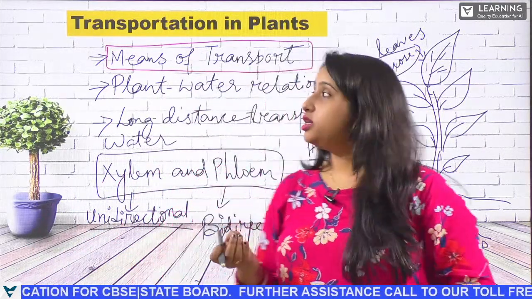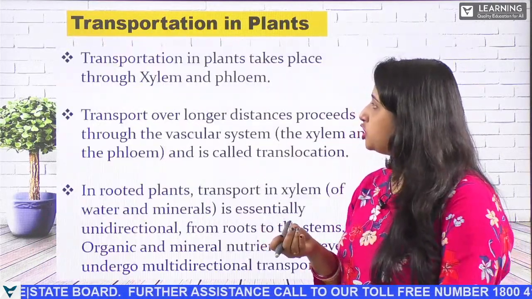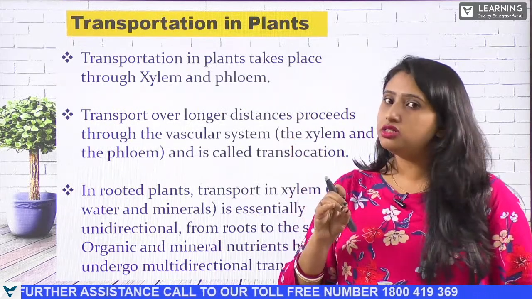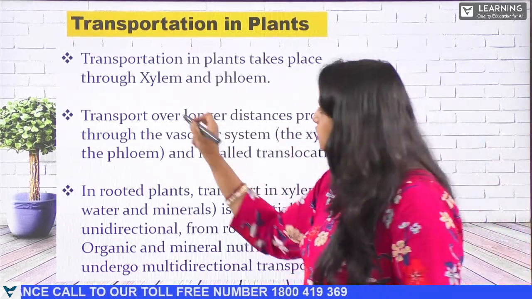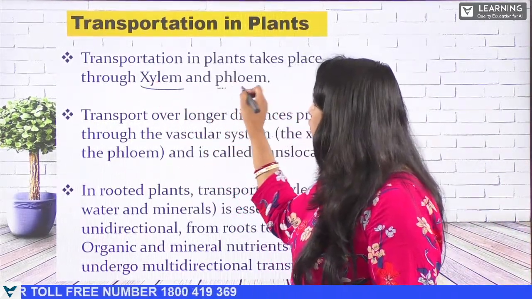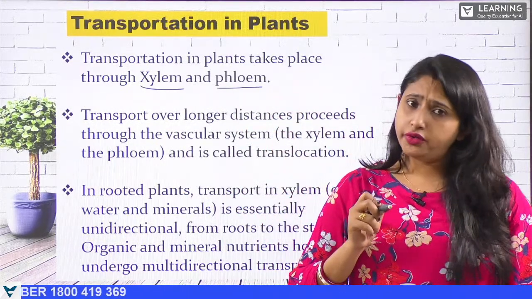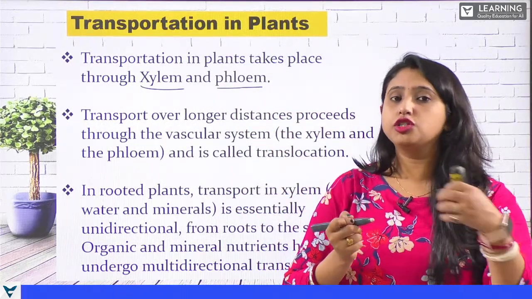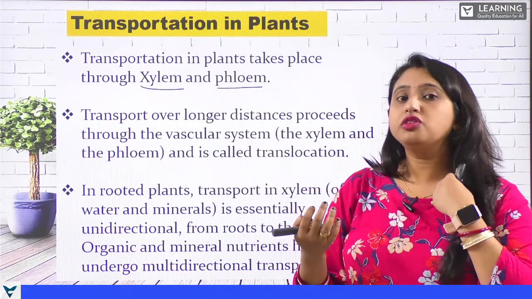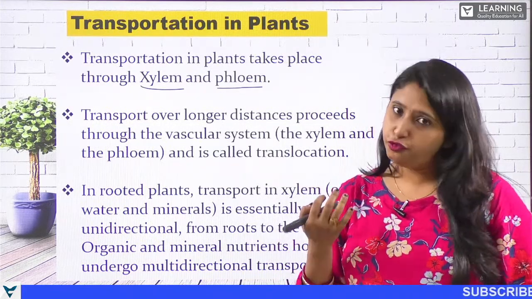So see what is being said in transportation in plants. Transportation in plants, as I've said, takes place through xylem and phloem. Xylem is responsible for transport of water, whereas phloem is responsible for transportation of food, right?